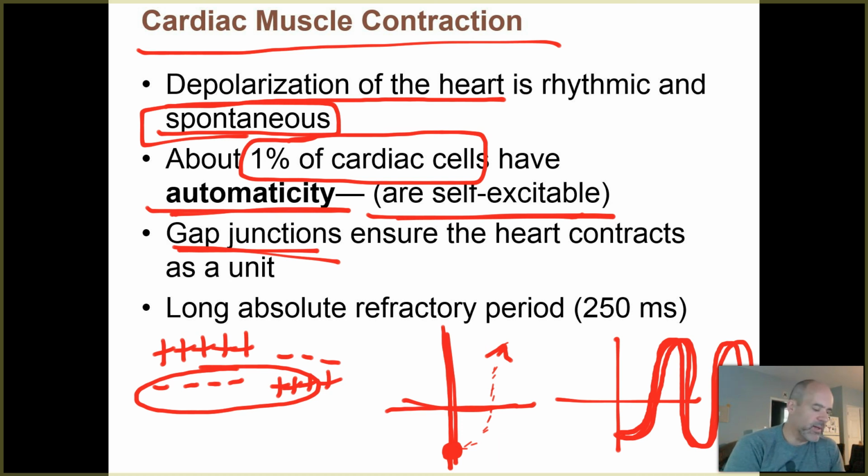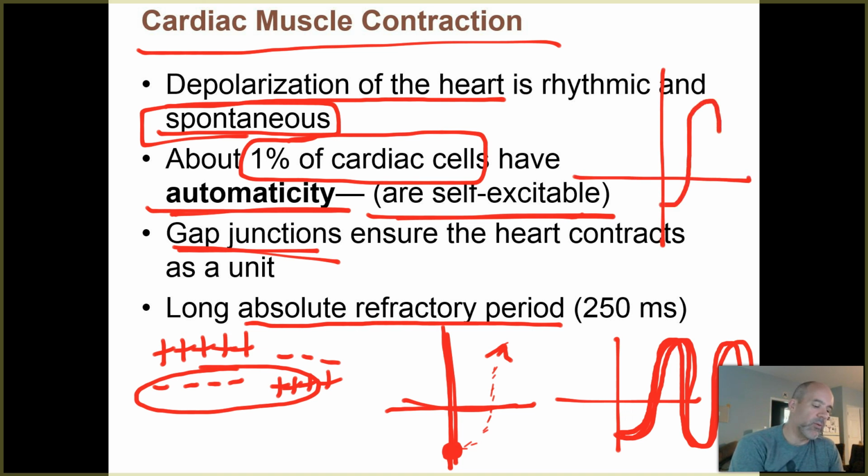If you guys remember, there is an absolute refractory period, and with skeletal muscle fibers, that is where, when a skeletal muscle fiber depolarizes and then it repolarizes, there's a period of time where it can't do another action potential. That's called the absolute refractory period.